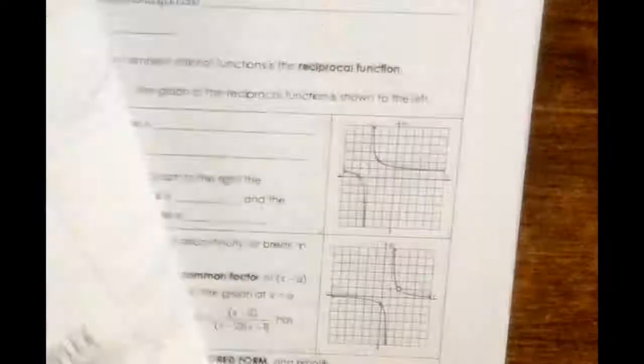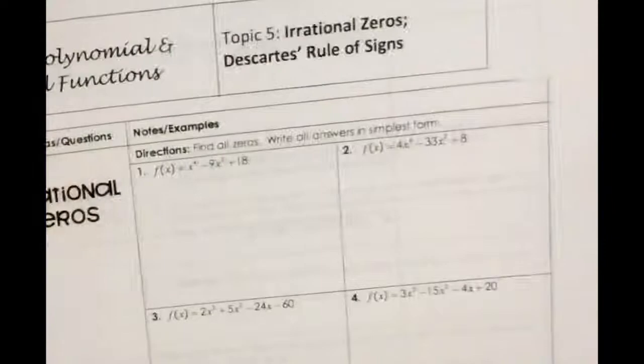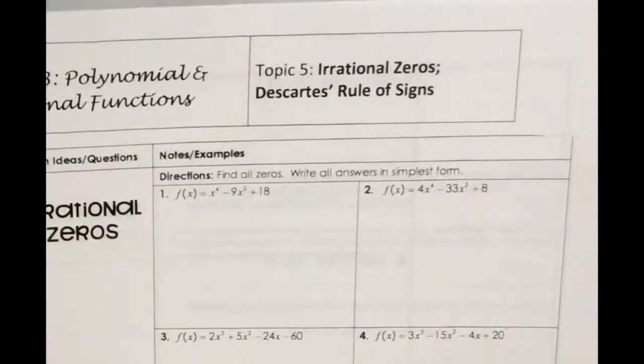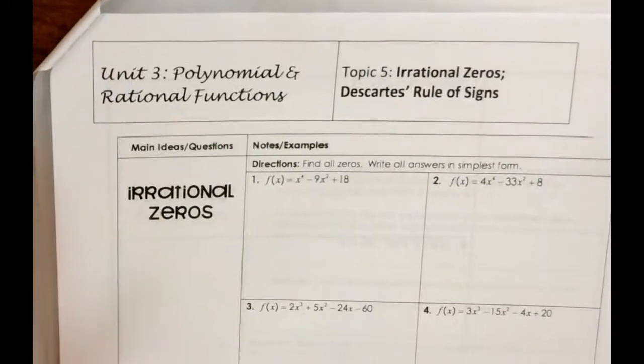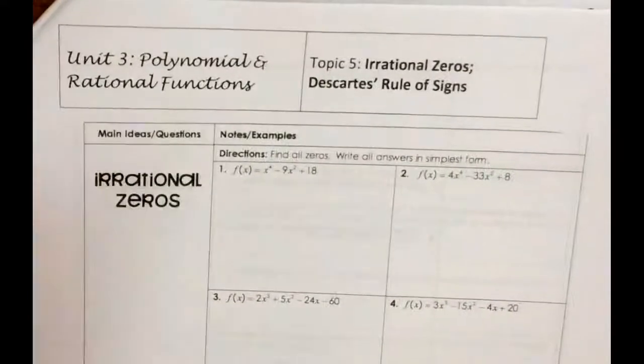Okay, let's go ahead and go to 3-5, which is irrational zeros. So last time, topic 4, yesterday, we learned about rational zeros and used a theorem. Today we're going to do irrational zeros, which means they have square roots or just decimals that don't terminate. That's what irrational means.